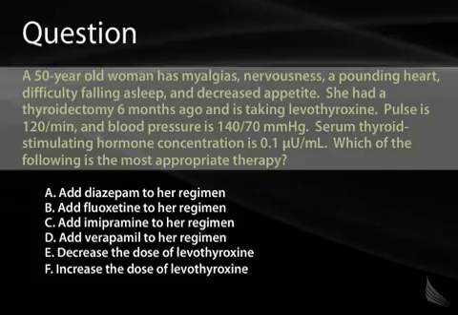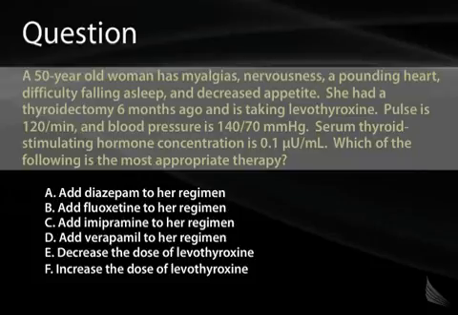So she had a thyroidectomy, so her entire thyroid was removed 6 months ago, and as a result she is taking levothyroxine. Her heart rate is 120 beats per minute, blood pressure is 140/70, and her serum TSH level is 0.1, which is low. So the question is, which of the following is the most appropriate therapy in her case?